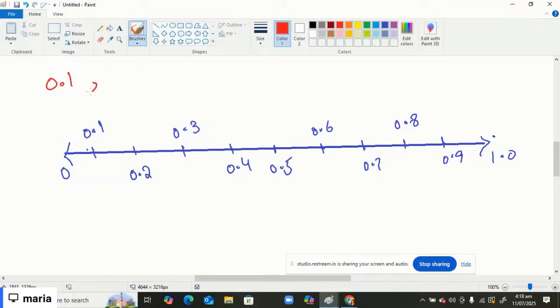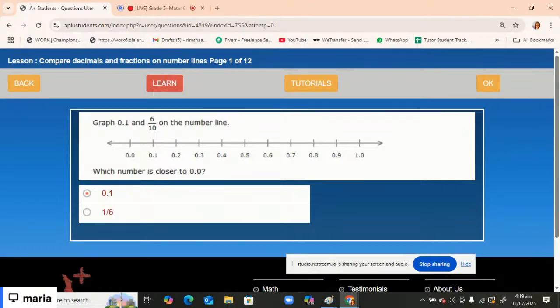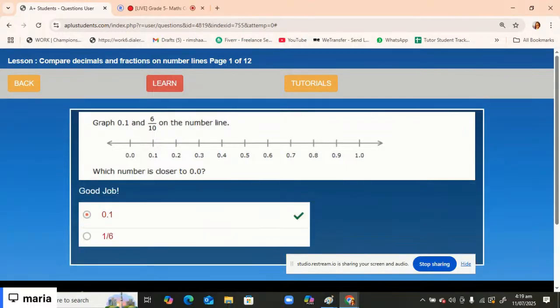This is 0.1 and then 6 by 10. So where is 0.1? Here it lies, 0.1. And where is 6 by 10? That is 0.6, which lies here. They are saying which number is closer to 0.0. So is this number closer or is this number closer? This is a big difference and this is a smaller difference. So 0.1. Okay, you check it out. Which one is closer to that?